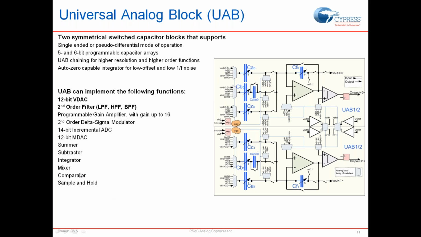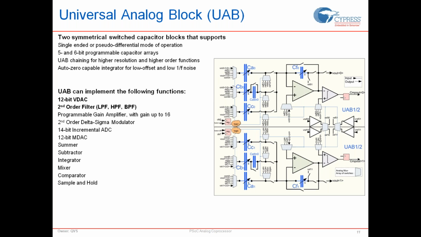So you could use this to build down mixers. If you have high frequency signals and you want to cut that frequency down so that you can sample it, or you want to do something with that signal at a lower frequency because the rest of your circuit is working at low frequency, then you could use a down mixer for that.